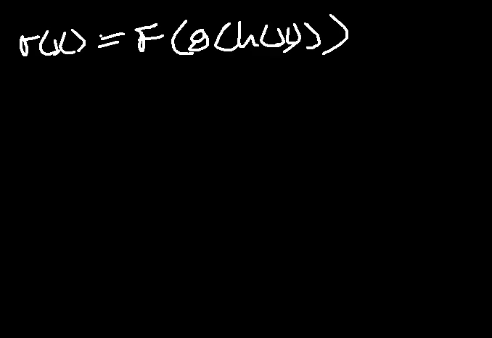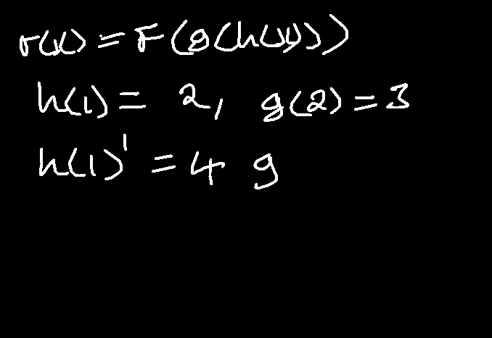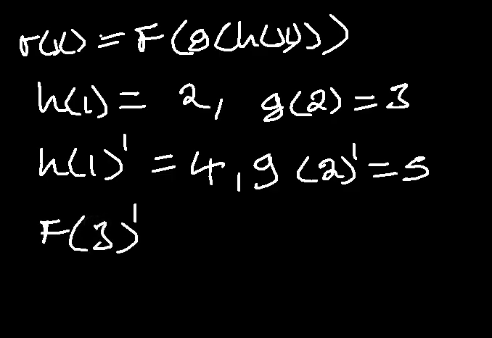Let's say that is the case, and of which we have h of 1 being given as 2, and we have g of 2 given as 3, and we have h prime of 1 given as 4, and we have g prime of 2 given as 5, and we have f prime of 3 given as 6.